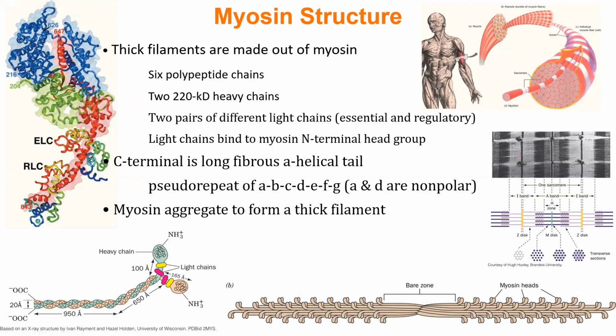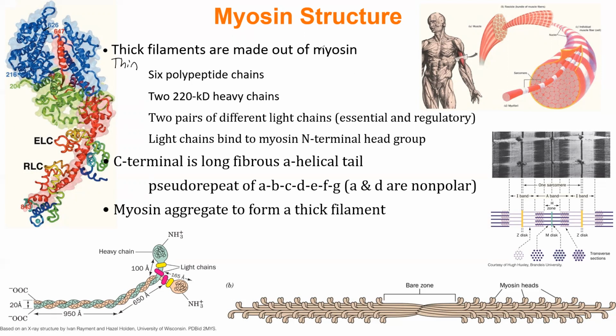And these sarcomeres have different bands, the I band, the A band, the H zone. They have different discs and all that. But what we're going to focus on in biochemistry is the proteins that make muscle contractions happen. And there are 2 different proteins we're mainly going to focus on, and they're called thick filaments and thin filaments.